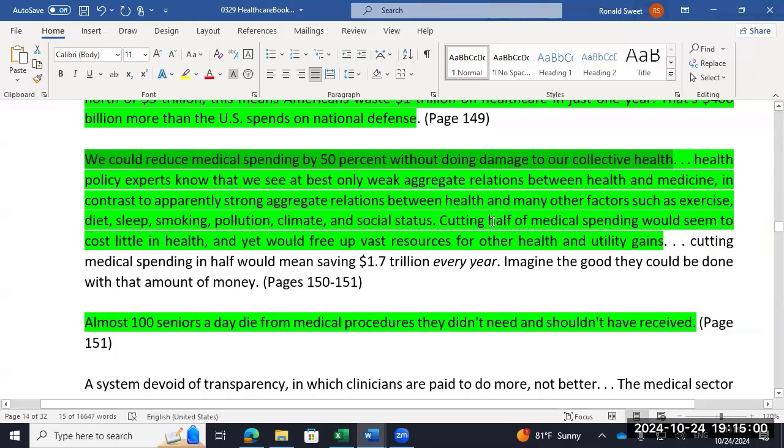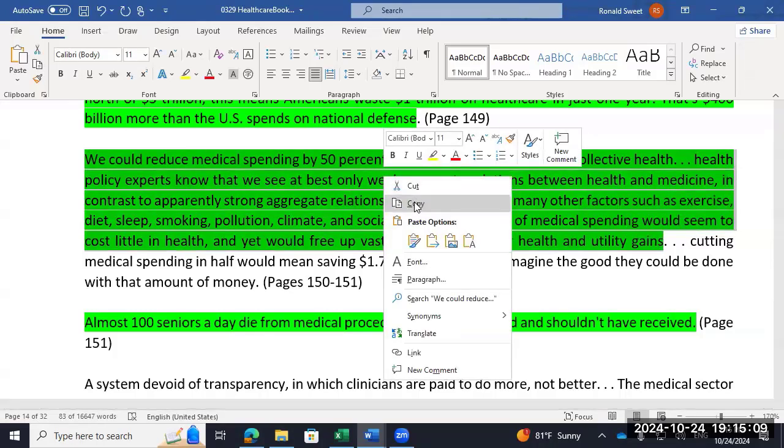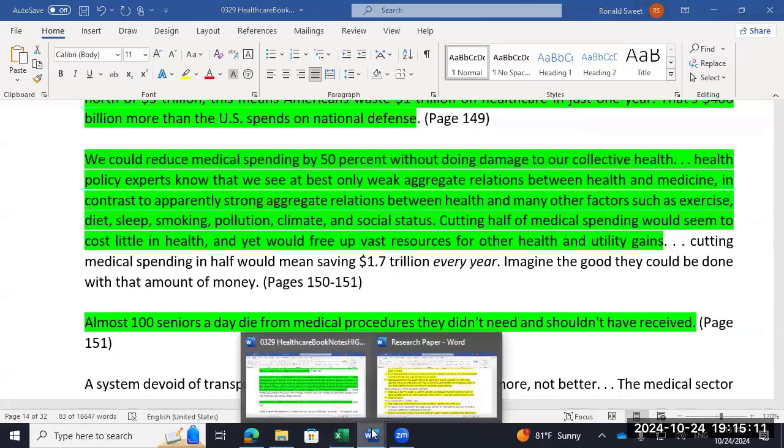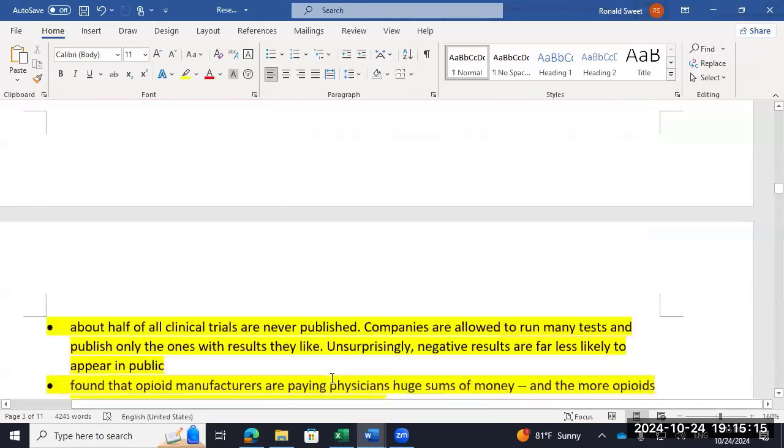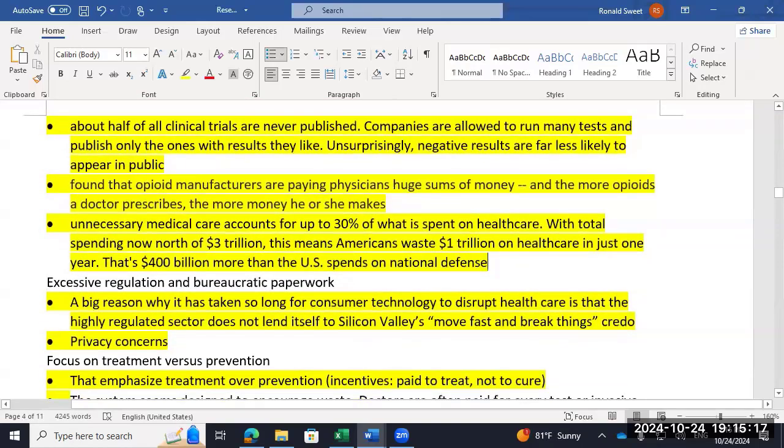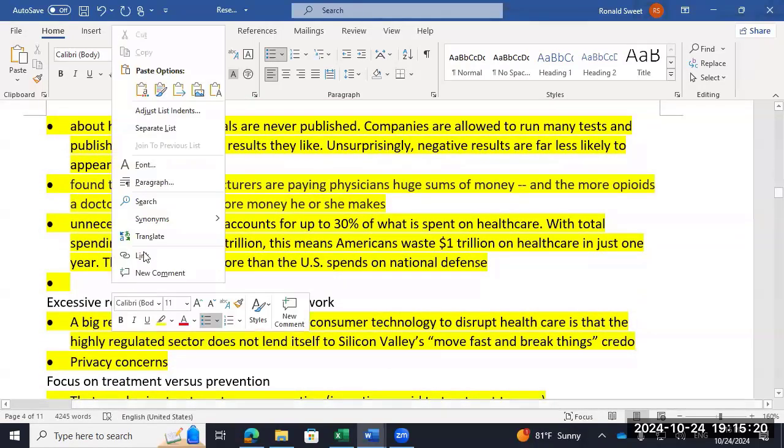Cutting half of medical spending would seem to cost little in health and yet would free up vast resources. This gets almost back to that second article. You remember, what did he say, 1.3 billion or million that we spend over our lifetime? I don't know where this goes, but you can certainly put it on there, fraud and waste.